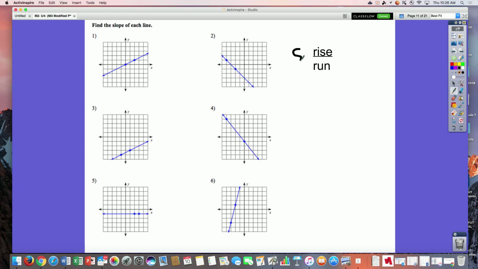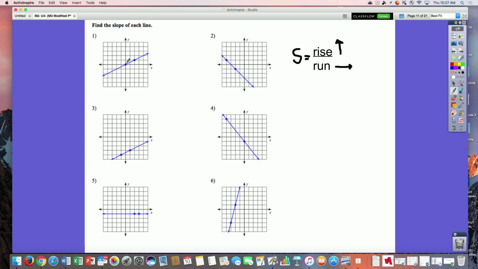All right, slope. Pay attention. Slope is basically the rise over the run. You gotta rise up and you gotta run to the Lord. Heard that in church one time. So when you're doing slope, the most important part is to find 2 points on the line. All of these lines already have 2 points identified. Let's look at number 1. So I'm going to basically make a right triangle between this line, this dot, and the other dot.